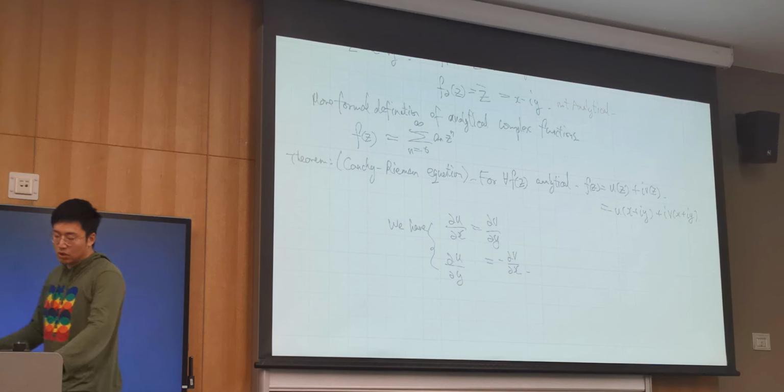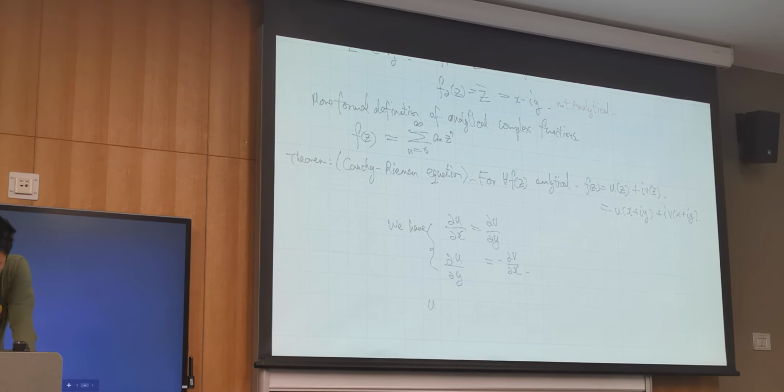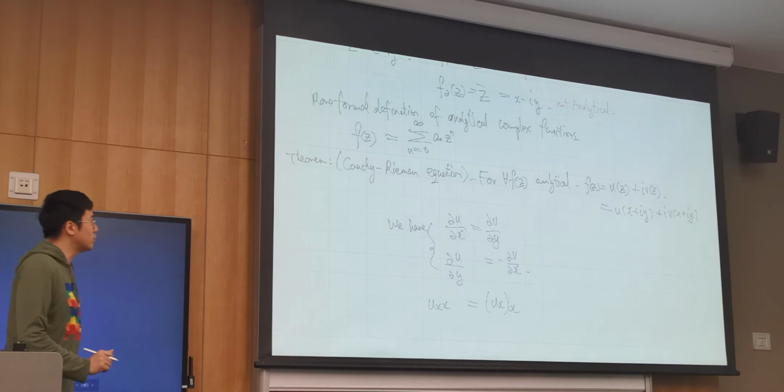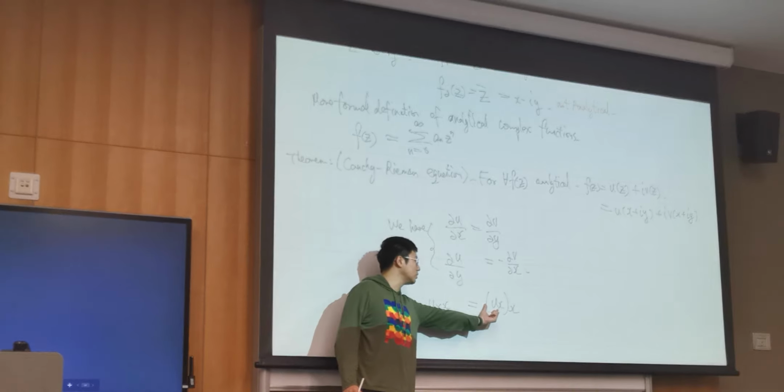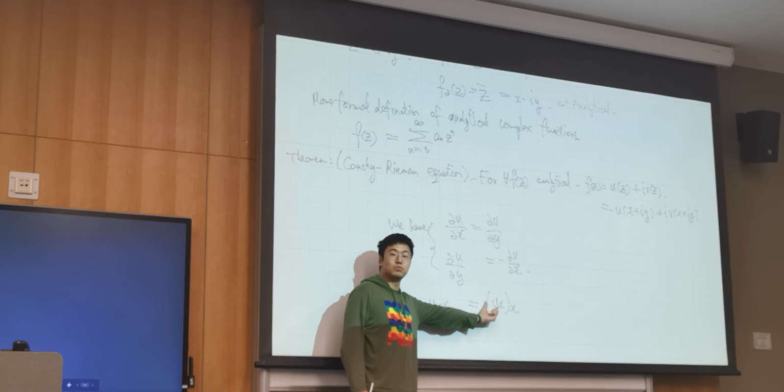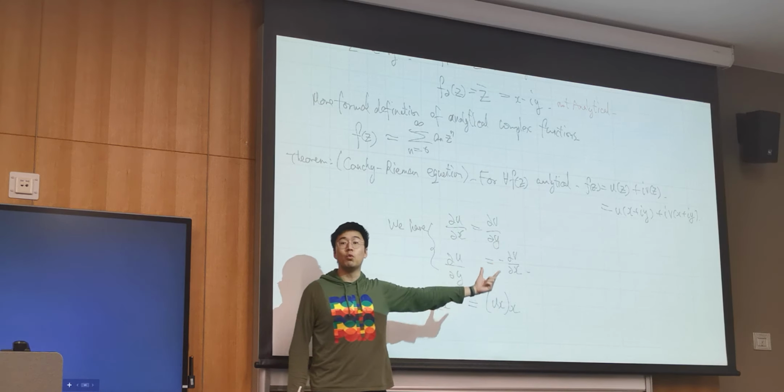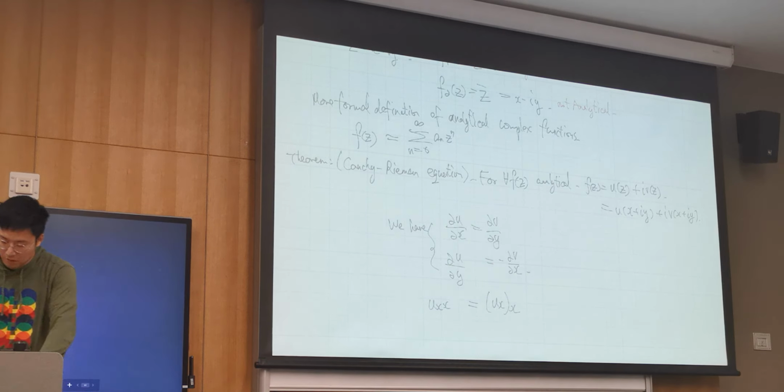So let's see what would happen to u_xx. Well, u_xx is u_x taking the x derivative. But according to the Cauchy-Riemann equation, what do we know about u_x? It's actually v_y.